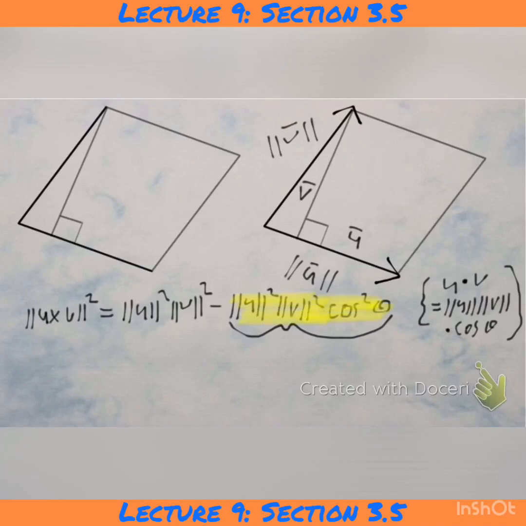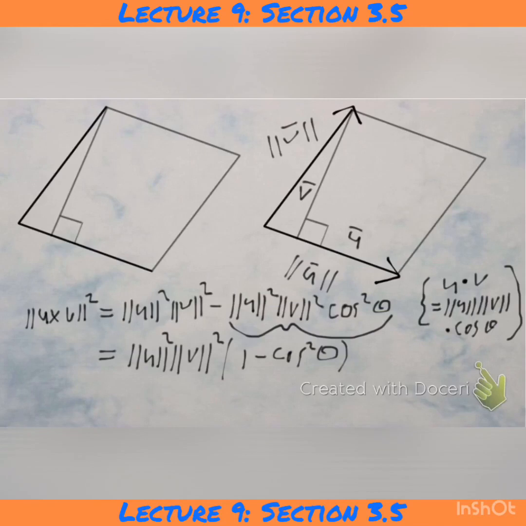Now we can go back to finishing this up. So that then just becomes the norm of u multiplied by the norm of v, both of them squared, multiplied with 1 minus cosine of theta.